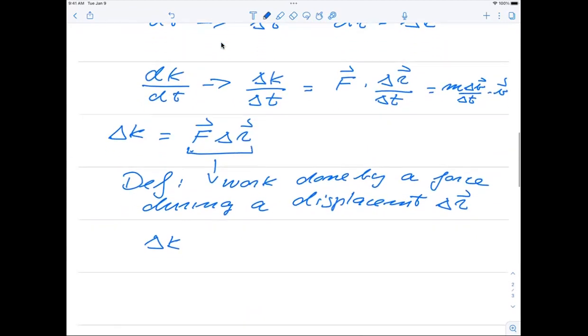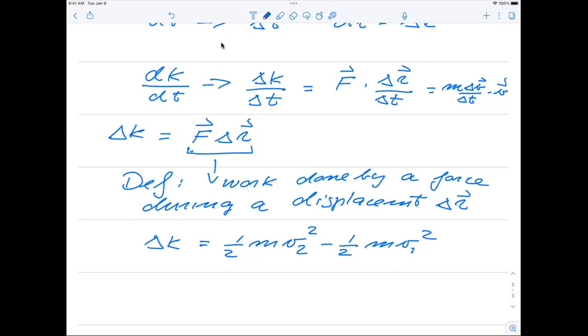So we can actually rewrite this as the difference between two kinetic energies, given by 1/2 times m times v2 squared at an instance t2, minus 1/2 times m times v1 squared. So v1 and v2 are now the velocities which this object has at two different times. And then this can now be related to this displacement of delta r.